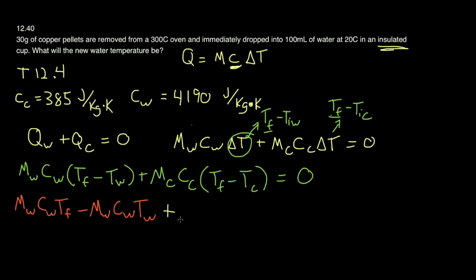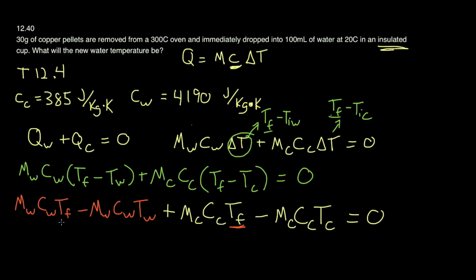So plus M sub C, C sub C, T final, minus M sub C, C sub C, times T sub C. And this is all going to be still equal to 0. So now why I did that is so that way I can factor out this T sub F here. So I'm trying to factor out this T sub F, and I'm trying to factor out this T sub F over here.